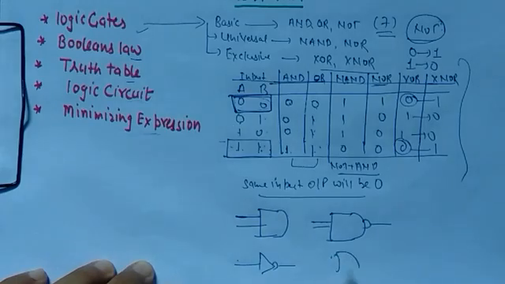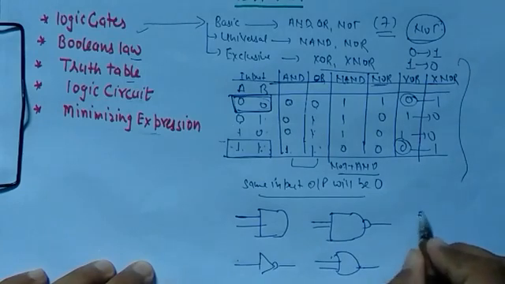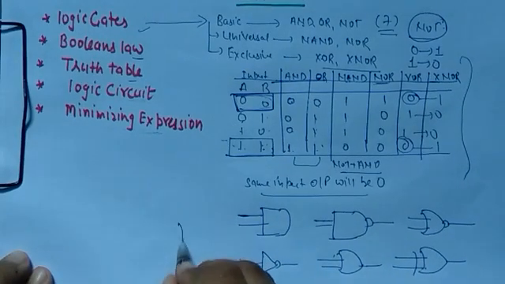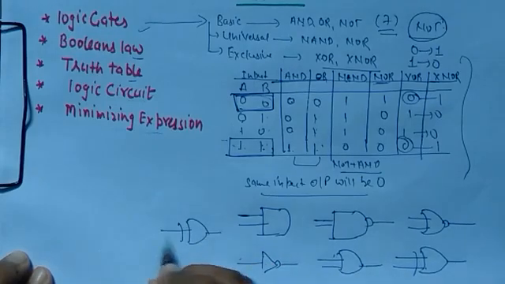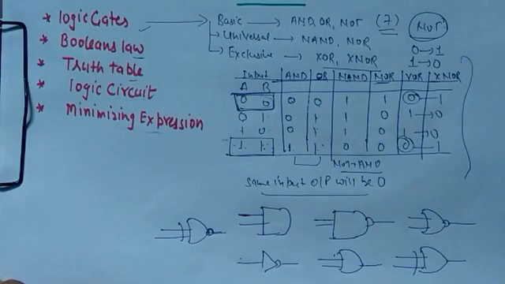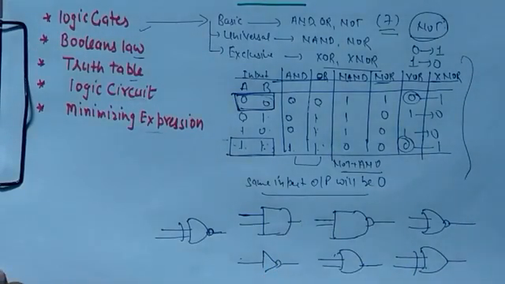I am drawing all the symbols of the gates. Now these are the figures or logic circuits of all the gates. Now you have to tell me which logic circuit belongs to which gate.